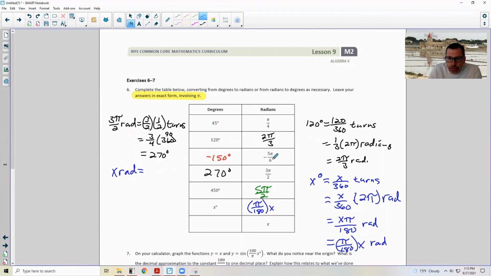What did we do? X radians, 3 pi over 2 radians equals 3/2 times pi. So now we have x radians, and that is going to equal so many turns. And how many turns is that going to be?